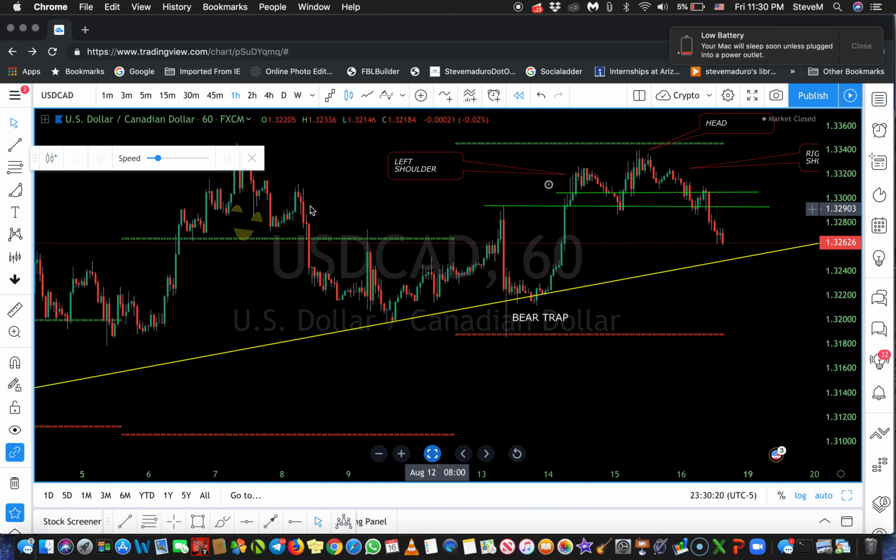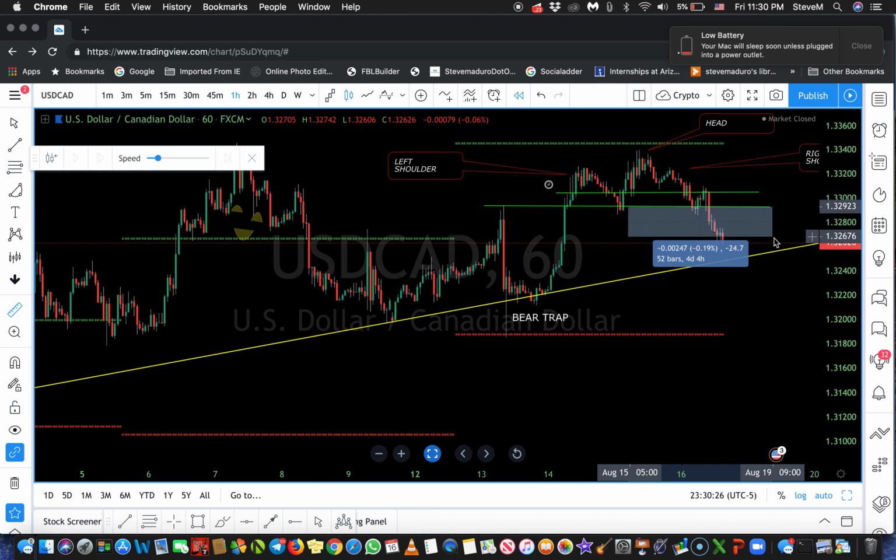And then this was the one that tripled my lot size. I tripled my lot size. And I actually jumped out of the trade exactly right there. And I got 30 pips. Just like that.